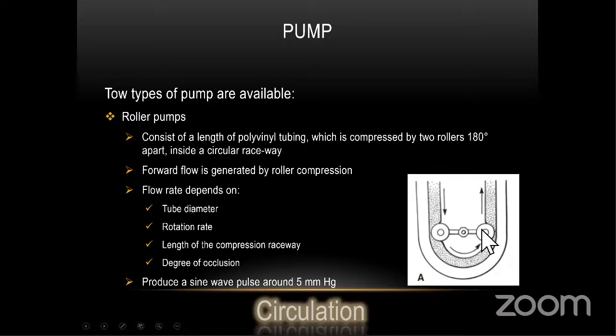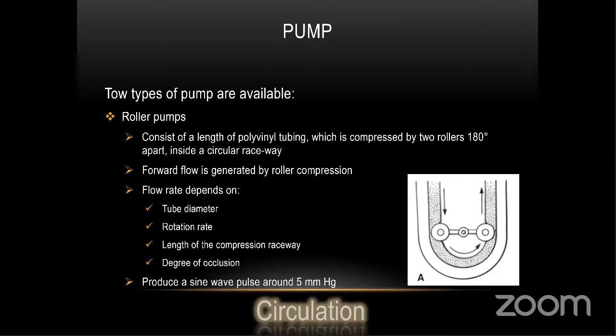Here is the tube, and these are the two rollers compressing the tube, 180 degrees apart inside a circular raceway. Forward flow is generated by roller compression. Increasing the compression increases the flow, but at the same time increases the risk of rupture.